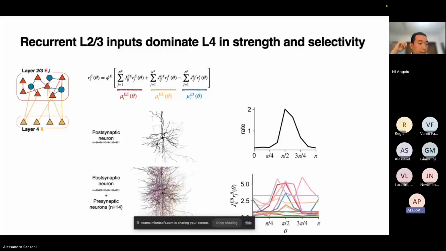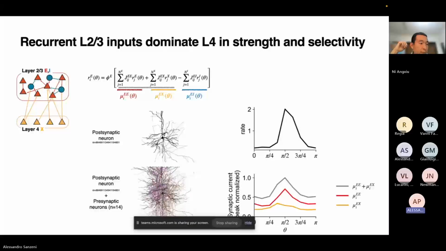Then we sum them, and we get the synaptic currents. The total excitatory synaptic current is here in gray. Depending on the angle, it's peaked at an angle that matches the preferred orientation of the postsynaptic cell, which is what you expect.